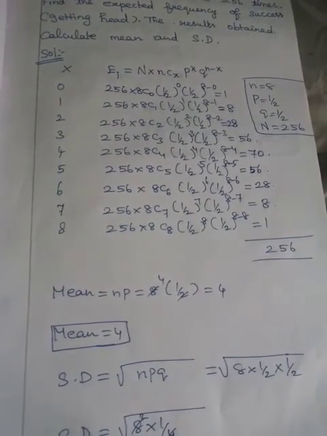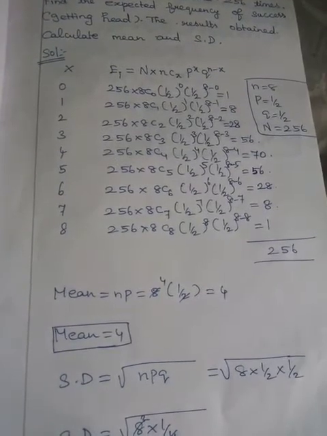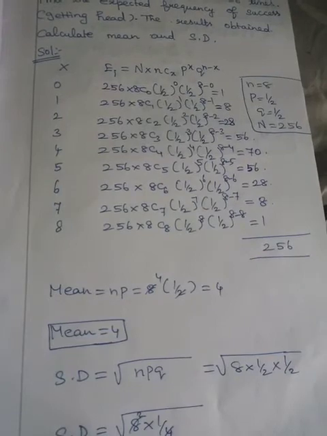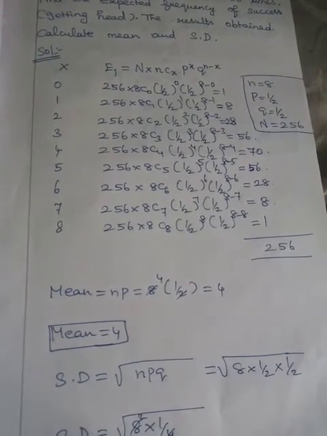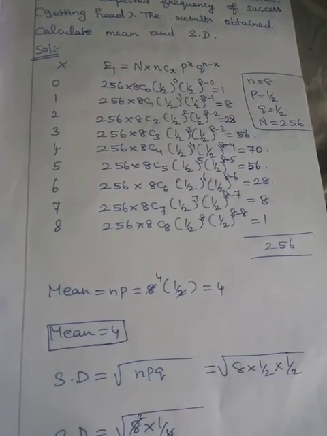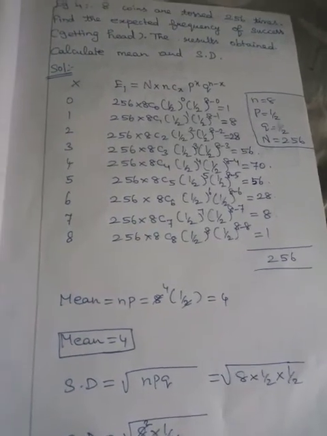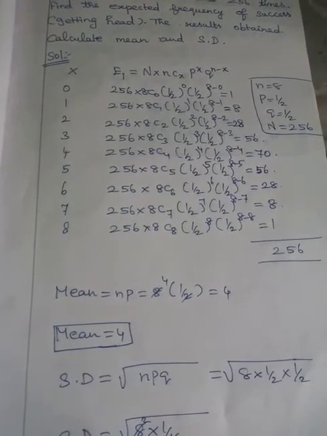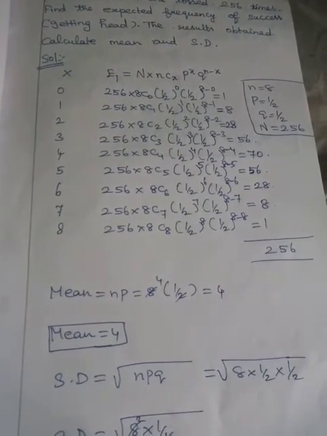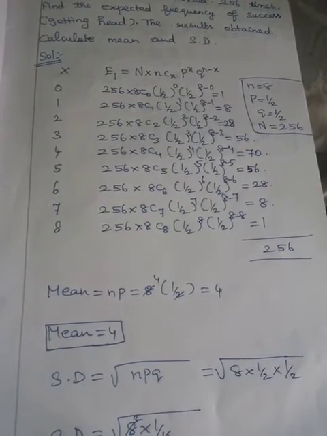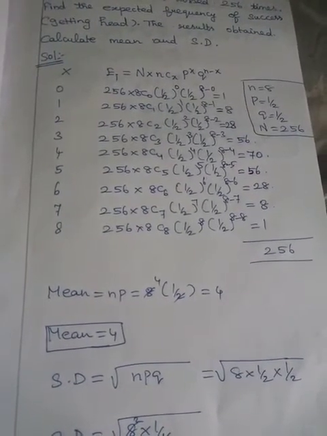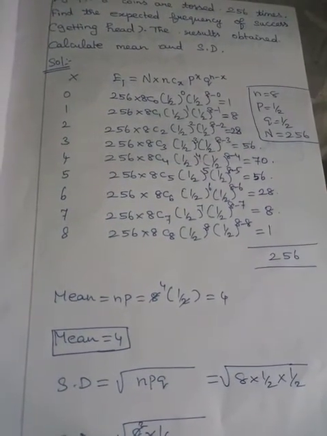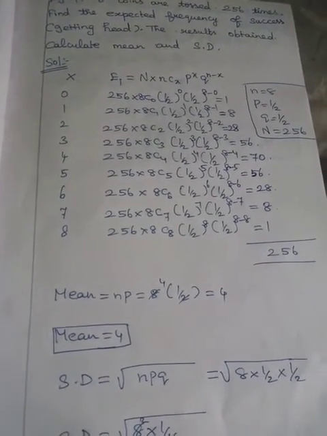is equal to 1. 256 into 8C1 (1 by 2) power 1 (1 by 2) power 8 minus 1 is equal to 8. Next, 256 into 8C2 (1 by 2) power 2 (1 by 2) power 8 minus 2 equal to 28. 256 into 8C3 (1 by 2) power 3 (1 by 2) power 8 minus 3 equal to 56. 256 into 8C4 (1 by 2) power 4 (1 by 2) power 8 minus 4 equal to 70.